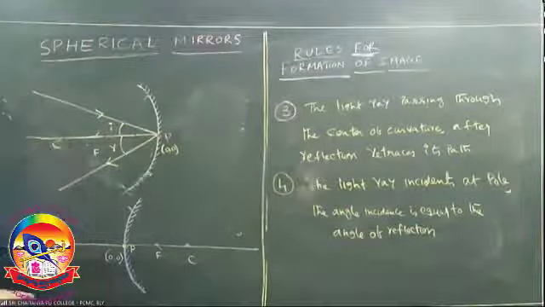This is the incident ray. This is the reflected ray after reflection from the mirror. So what does CA represent? CA represents the normal to the spherical surface.